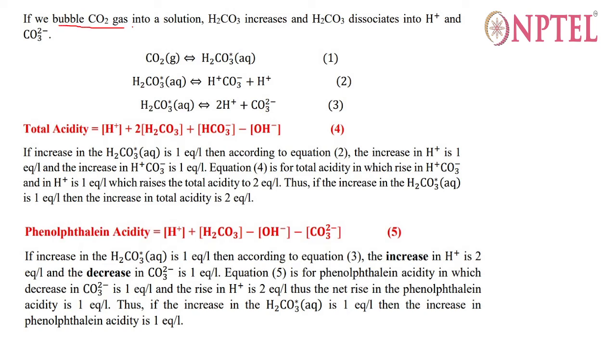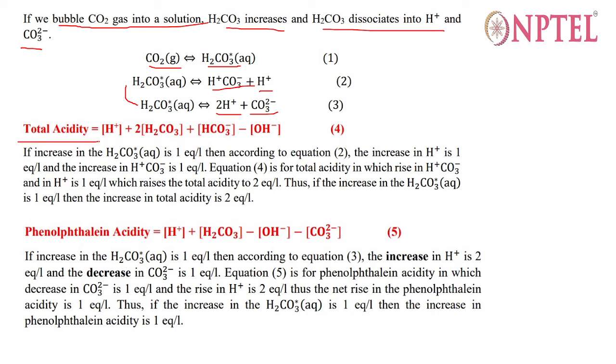If we bubble CO2 gas in the solution, then H2CO3 will increase, and will dissociate into H plus ions and carbonate ions. This is the gaseous carbon dioxide. It is converted into H2CO3 aqueous. Then H2CO3 aqueous is dissociating into bicarbonate ion and H plus, and then again it can also form 2H plus ion and CO3 2 minus ions.